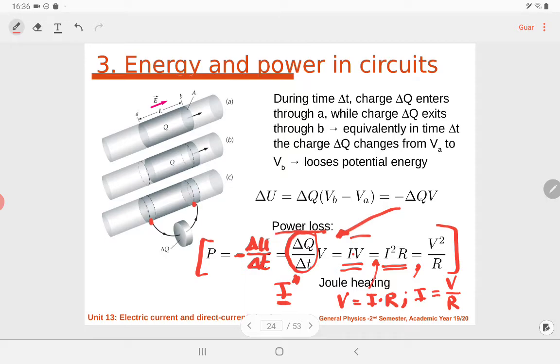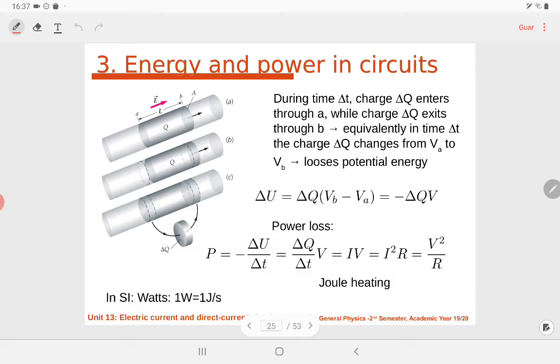So just to remind you that when we have this flow of charges, if we have an electric current through a wire, then there is a loss of energy. We are having a power loss that can be expressed in any of these three ways. If you remember, the unit in the international system is watts, which is equal to joules, which is energy, divided by seconds.